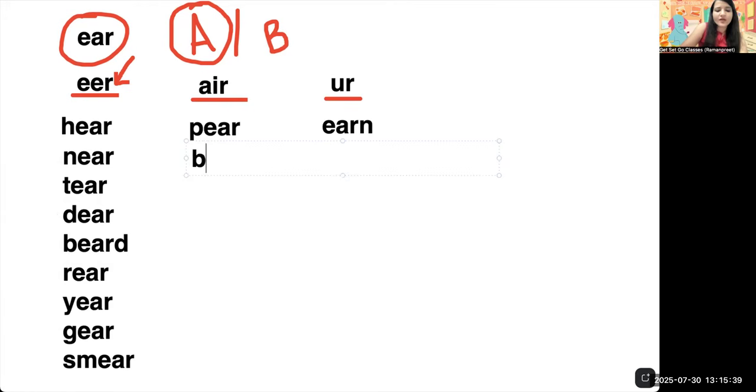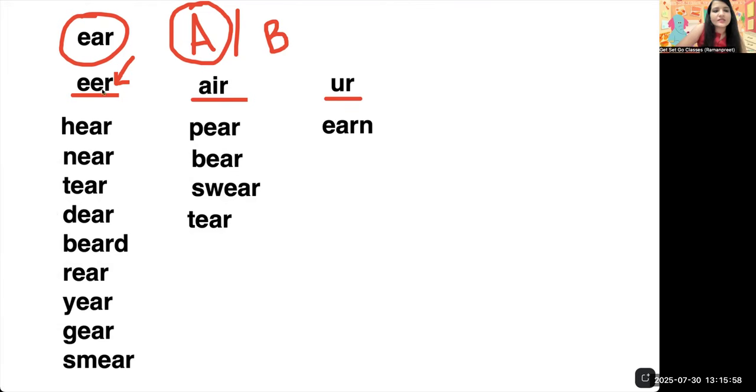So pear, then you have bear, then you have swear, and then you have tear. Right?